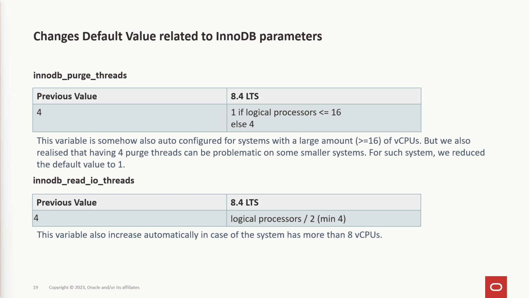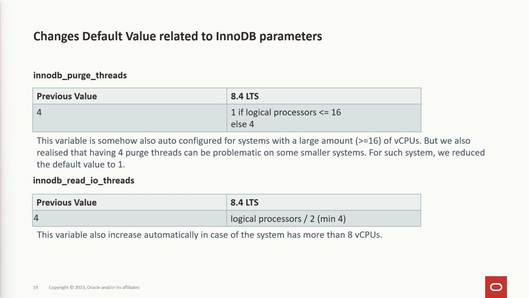Project thread. You can see previously we set a specific number, right? So if you have a smaller system, you can change this one.